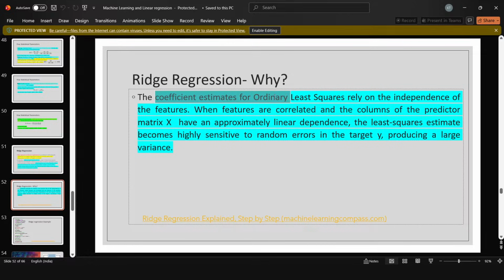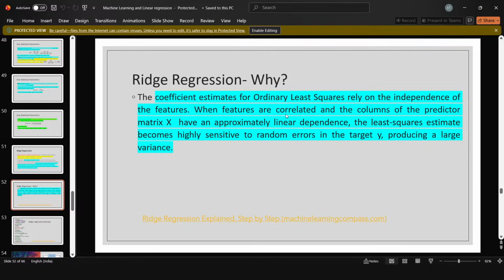The coefficient estimates for OLS rely on the independence of the features. As I said, two or more features together contribute to the y, and suppose two features are highly correlated. For example, if feature 1 is scaling to twice every time and feature 2 is also scaling twice every time, it means that the correlation coefficient is very high, right?